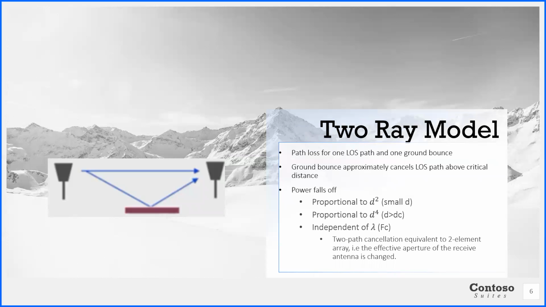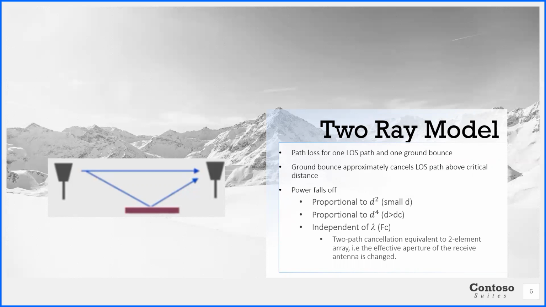Okay, next we have the two-ray model. The receiver in the two-ray model receives two sorts of signals: the LOS signals and non-LOS signals, or the go and not go signals. The non-LOS signals are caused by reflections, refractions, and other things.